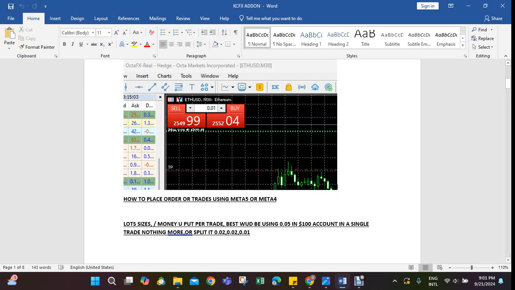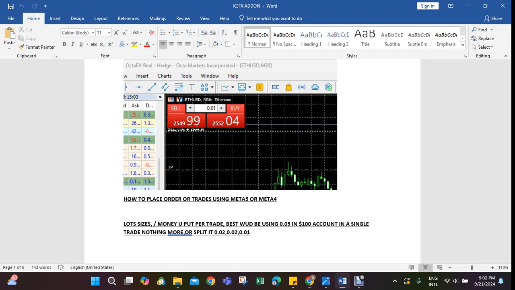So use 0.05 on a $100 account in a single trade, nothing more, because if you are using 0.05 on five different orders on a $100 account, there is a high chance it can be blown in just some moves. So it's better I use 0.05 in a $100 account in a single trade, or maybe you can split it in three.